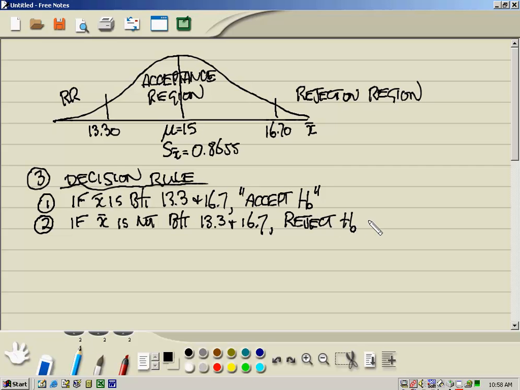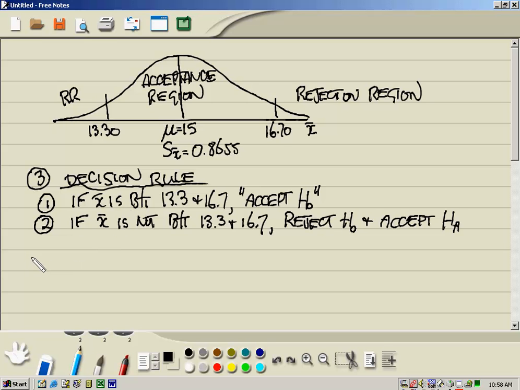Remember the two hypotheses. If you don't like one, you've got to like the other one. So we'll reject the null, and in its place we'll accept the alternate as being true, more likely. And that's your decision rule.